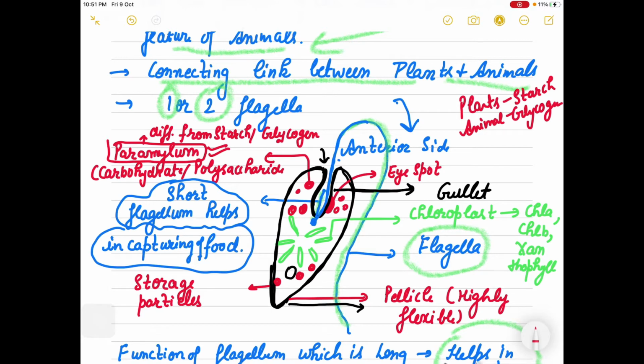Paramylum, this storage particle, is known as paramylum. It is a carbohydrate, it is a polysaccharide, but it is not starch, it is not glycogen, it is different.